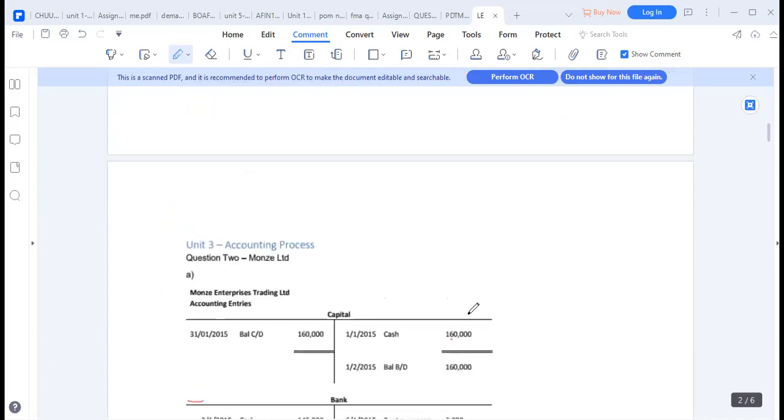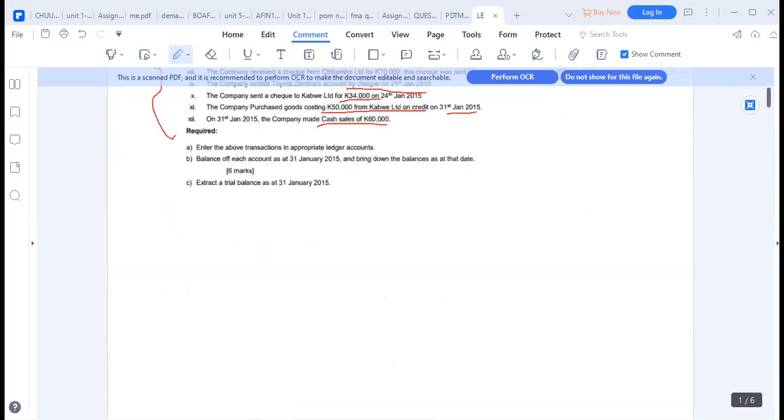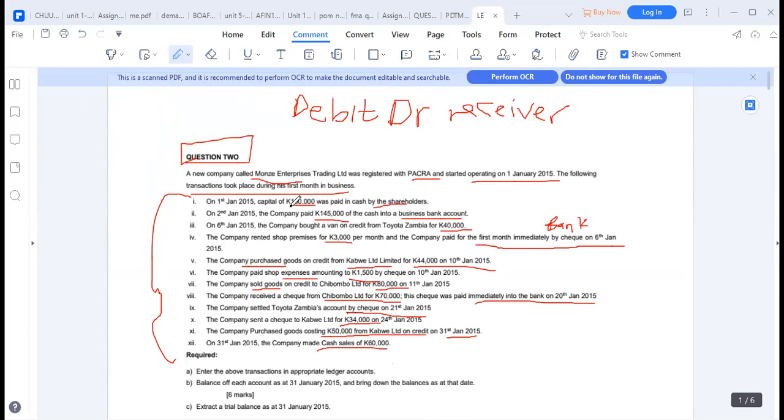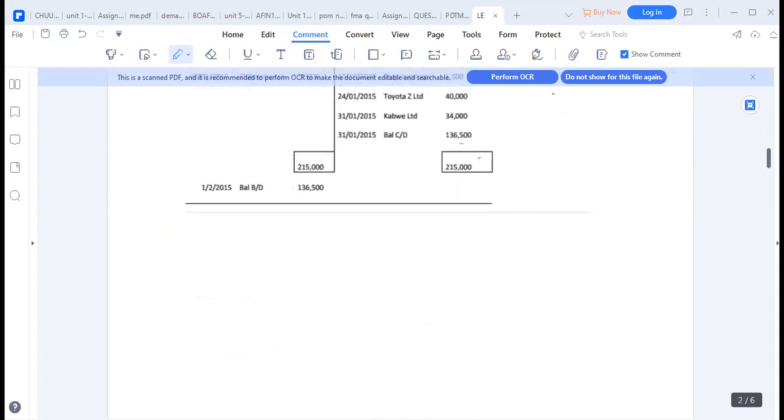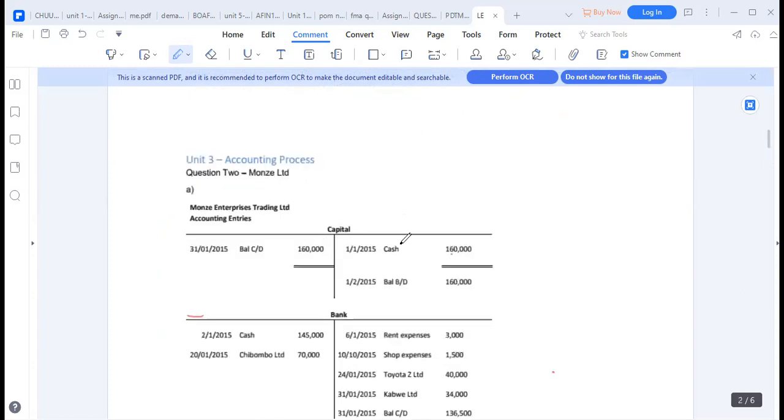On the capital account, capital should have a credit balance. The amount we started the business with was 160,000. On 1 January 2015, capital of 160,000 was paid in cash by the shareholders. We have the double entry system here, so we have to open a cash account.